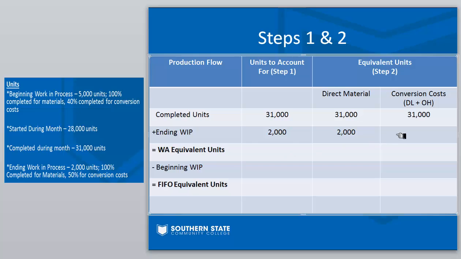I'm going to take 50% times 2,000 and I get 1,000 units. We add, we have 33,000 units to account for under WA. So our weighted average equivalent units, 33,000 in respect to direct material, and then 32,000 in regards to conversion cost. That's how many equivalent units that we made.